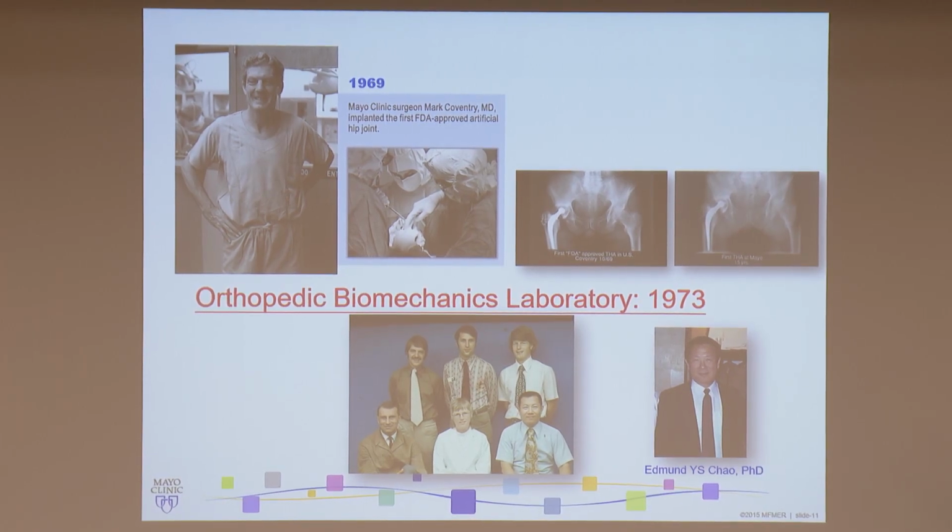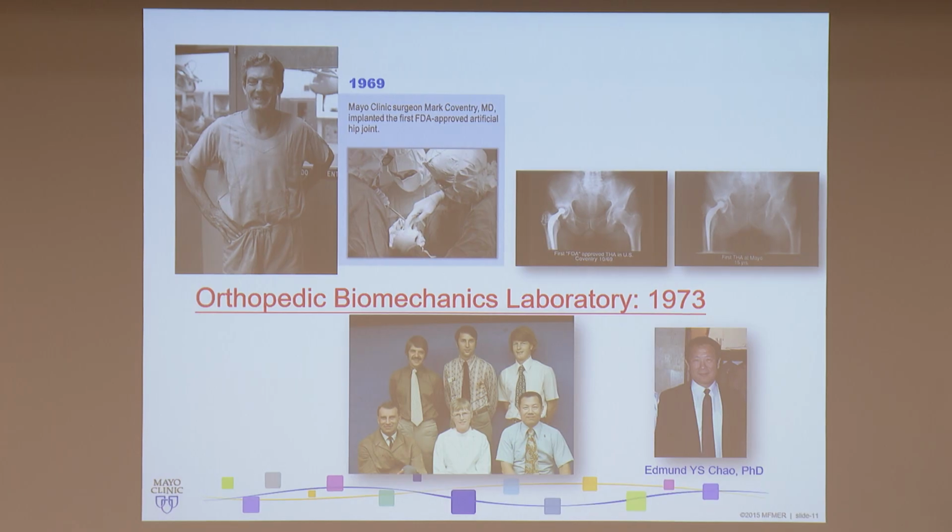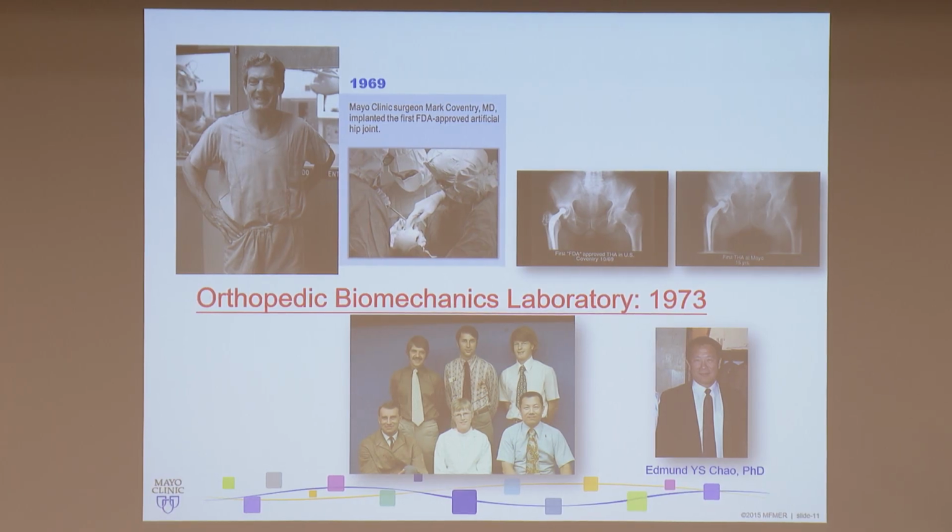He was recruited to Mayo Clinic to establish the biomechanics lab for the development of joint replacement. He did not give up his position in Iowa because he was not sure if this was a serious business at Mayo Clinic. If he gave up that job and after 6 months found there was no job here, he would be in limbo. So he commuted for the first 6 months, very challenging.